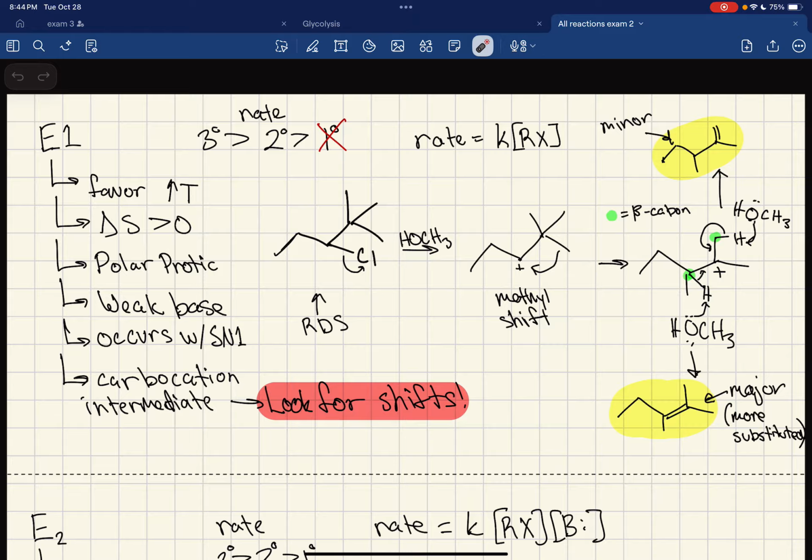And also, another reason it occurs with SN1 is because it goes through a carbocation intermediate, the same exact carbocation intermediate that happens in SN1 reactions.